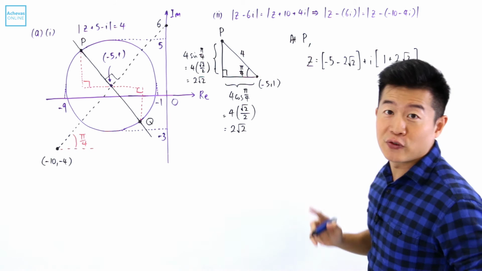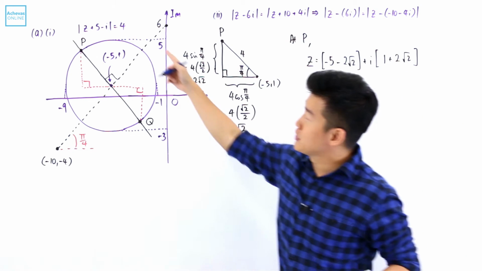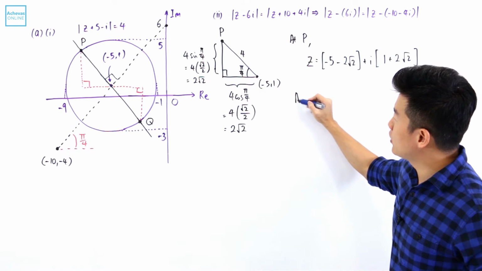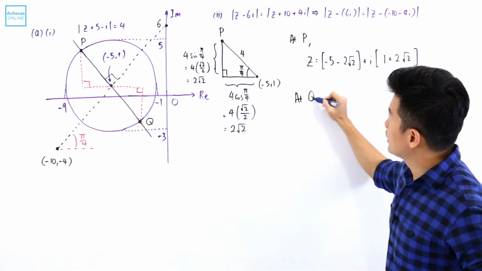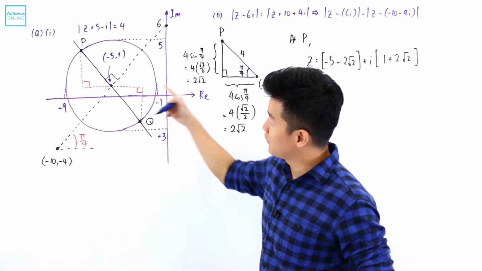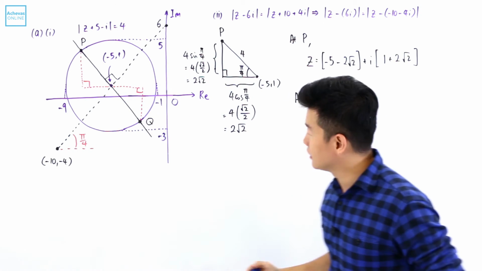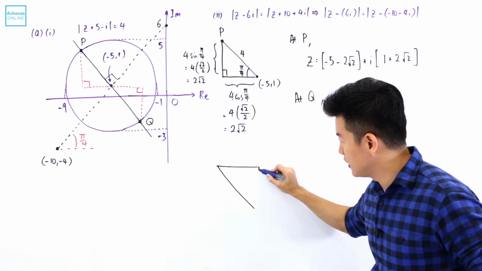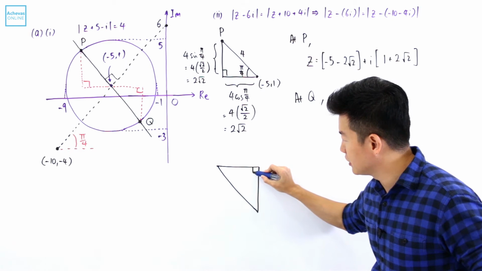And this is the first complex number that satisfies both this equation and this equation. Then at point Q, we can use a similar observation, but now making use of this triangle. It is also a right-angled triangle.